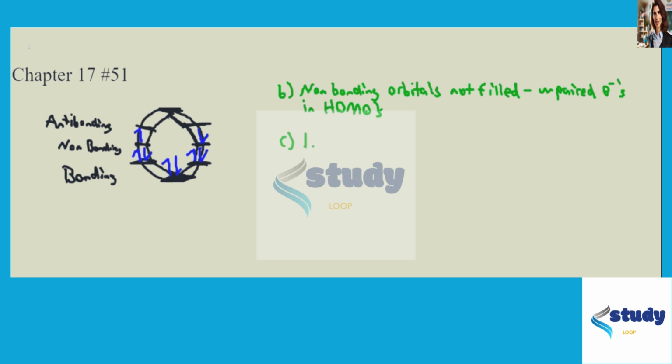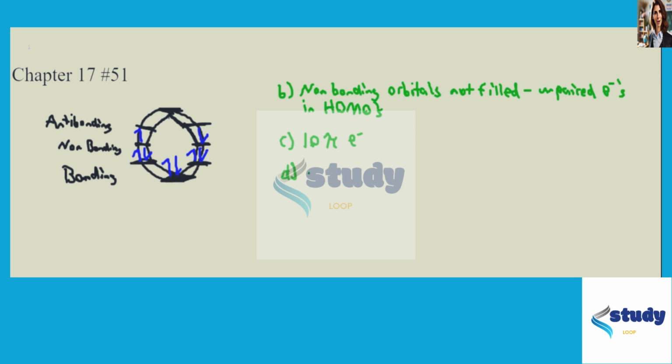And so there are going to be 10 pi electrons in the dianion. So 10 pi electrons. Okay, so that's C. For D, we're asked how are the pi electrons in this dianion arranged in the molecular orbitals? I'm not going to draw this all back out, but they would fill the non-bonding orbitals.